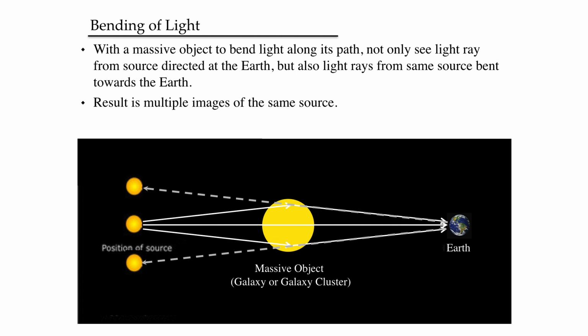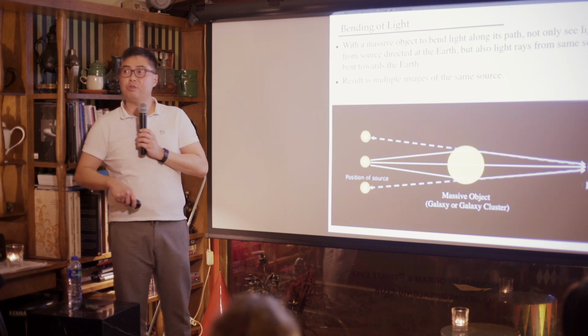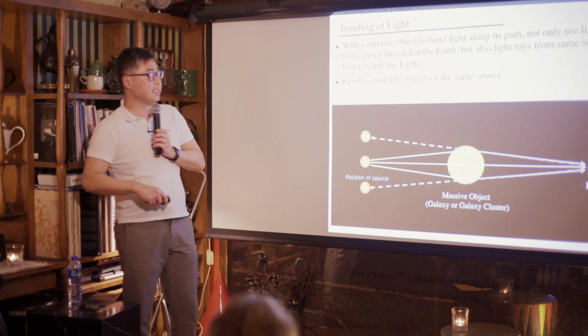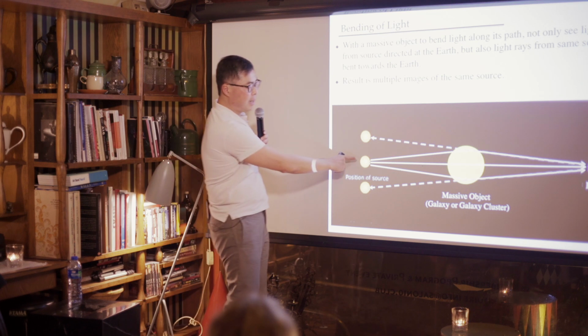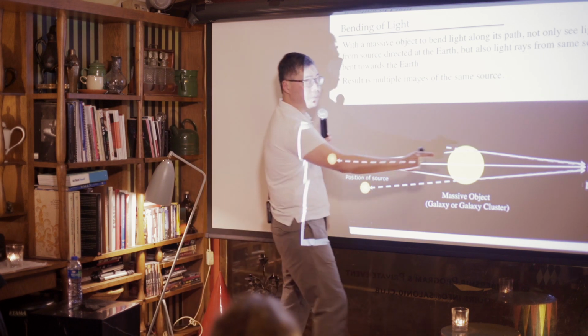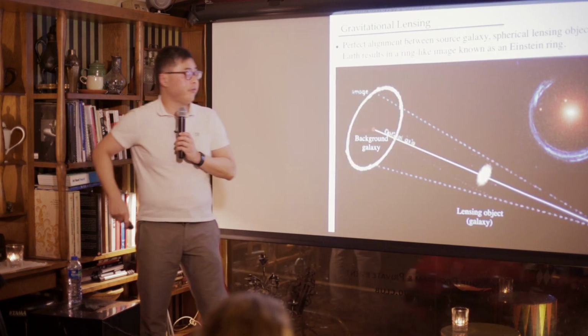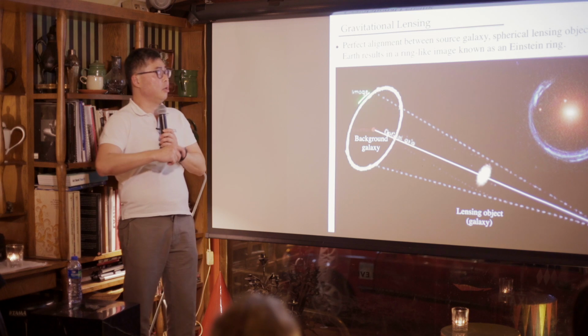Okay. Now, reality is a bit more complicated because I'm just plotting space in 2 dimensions here. Right? Space is actually 3 dimensions. A light ray which comes out of the board slightly will also be bent by this massive object to get to the Earth. Okay? The result is, if you have a perfect alignment, you see a ring.